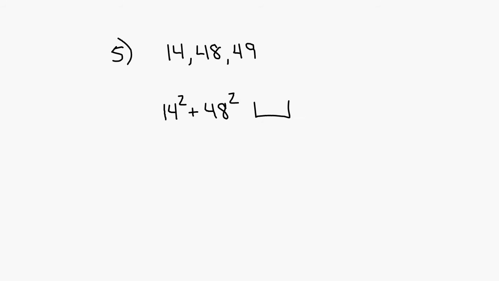Number 5, you're given a triangle that has side lengths of 14, 48, and 49. Classify it as acute, obtuse, or right. So you're going to take 14 squared plus 48 squared, and you're going to compare it to 49 squared.